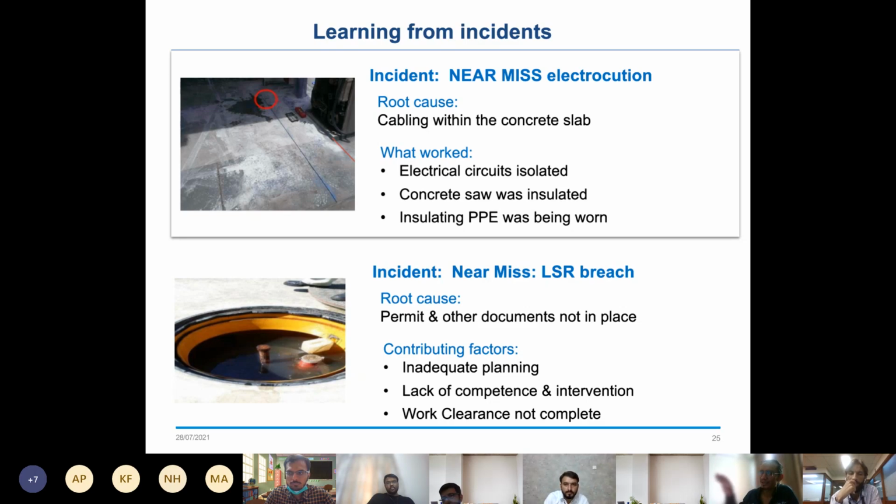So looking at the photos, we assume the contractor would like to do some rectification work at the tank sump area.